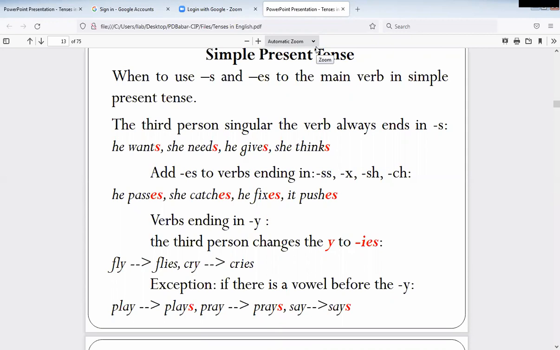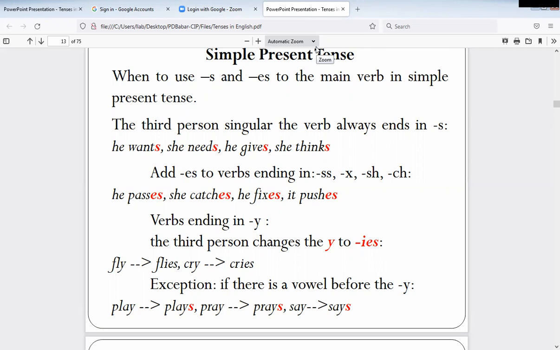These are the third person singular subjects in front of which we will use these structures. That is, we have to add the s or es suffix. If the third person singular is not the subject in the sentence, then you will have to use the verb as it is. So if I want to tell you that I fly, it will remain fly as it is.